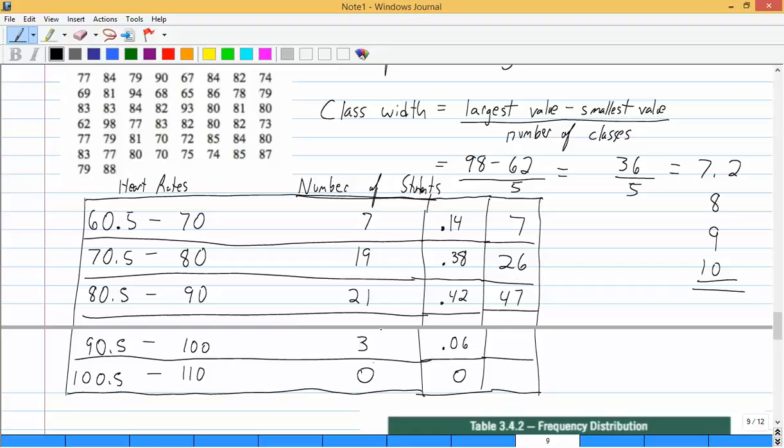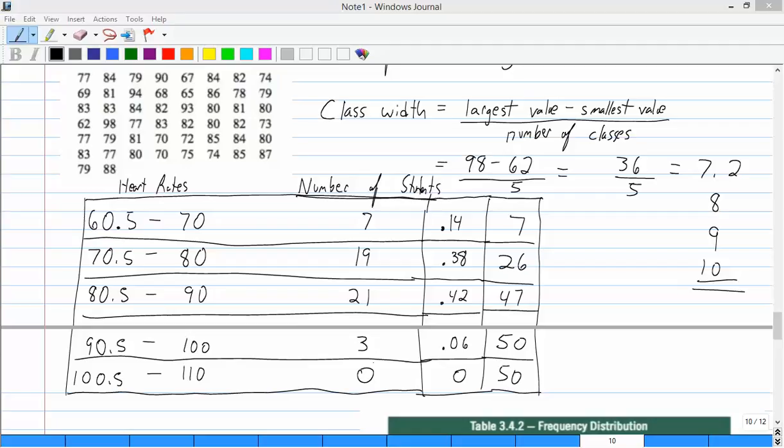The next class would be 50. And then the last class would be 50 because the last class has nothing in it. With nothing in the last class, it would be okay just to get rid of it completely. But since I decided on 5 classes instead of 4, that's why we have the 50 twice. So normally you wouldn't see that.